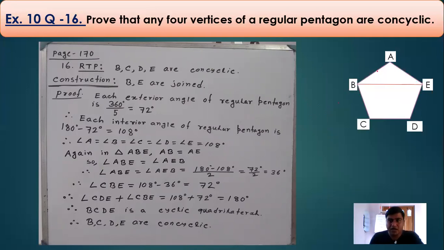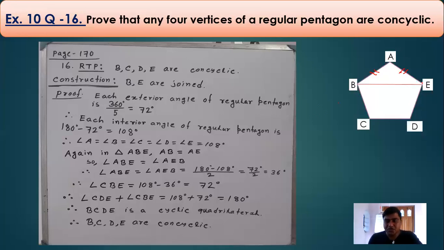So in triangle ABE, AB equals AE, because A, B, C, D, E is a regular pentagon, and in a regular pentagon each side is equal, and these two are sides of the regular pentagon. So AB equals AE, so the triangle ABE is an isosceles triangle.